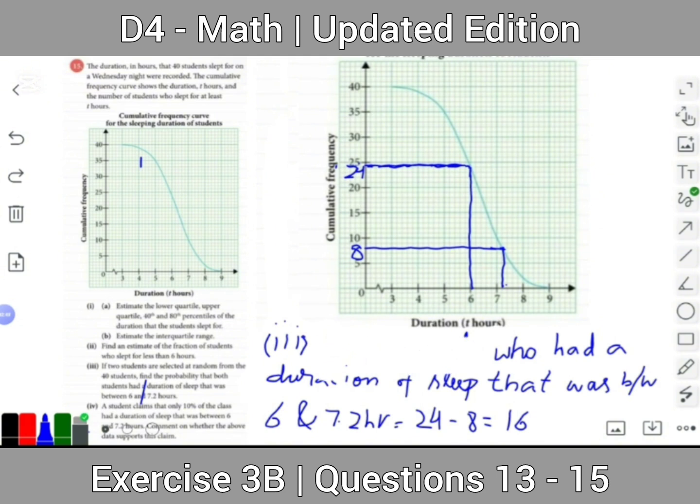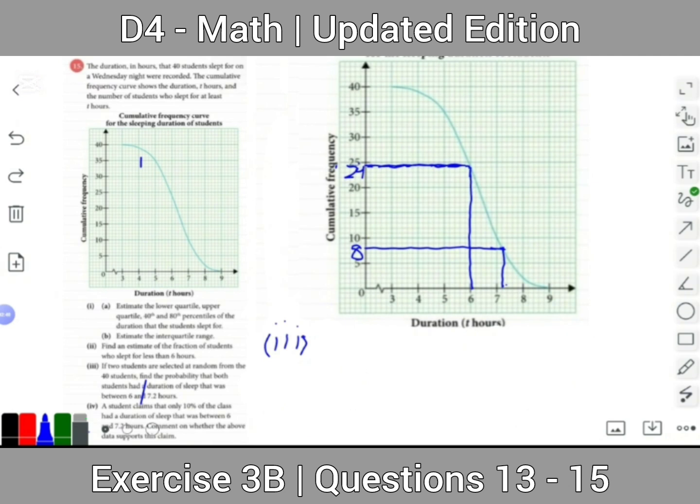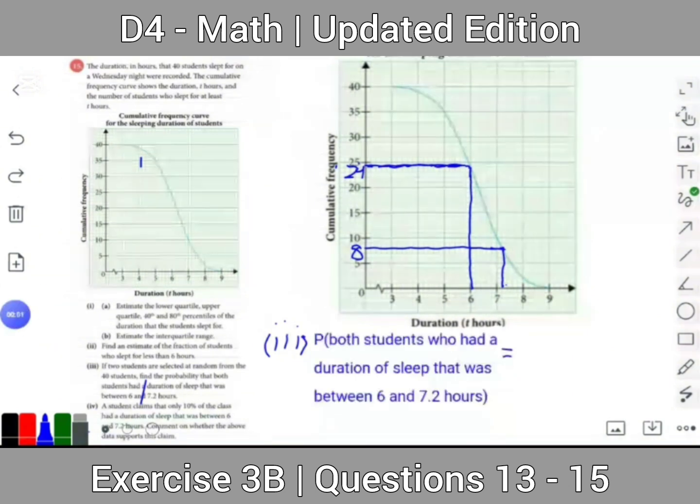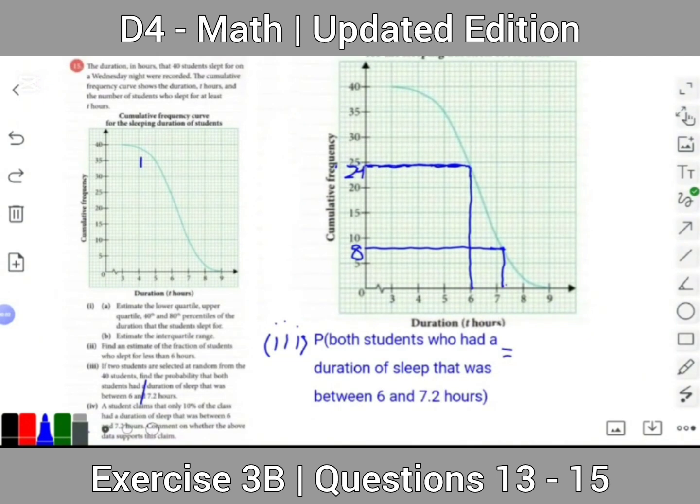Now we have to find the probability that both students had a duration of sleep that was between 6 and 7.2 hours. Since we select two students at random, the probability for the first student who had a duration of sleep between 6 and 7.2 hours will be 16 over 40.